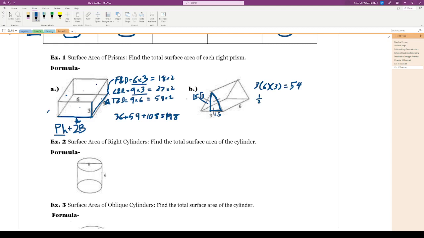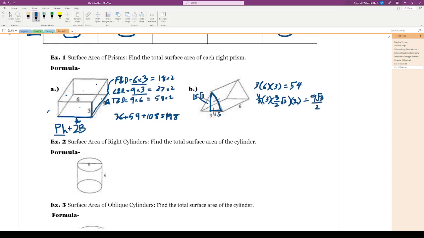Let's do fractions so that we can just have fractions throughout. So instead of 1.5 root 3, let's do 3/2 root 3. And we have a front and a back, so we actually have 2 times that area. That's going to cancel out my 1/2 and my 2. And I end up with 9 root 3 over 2.